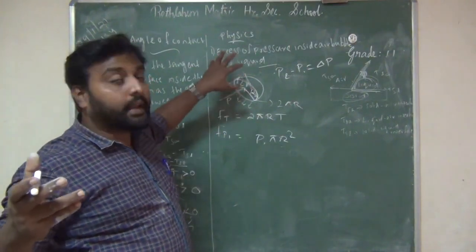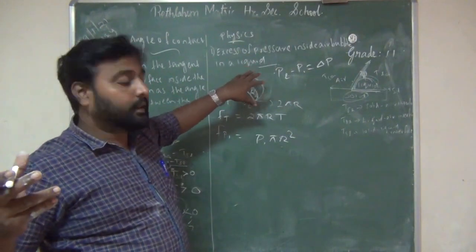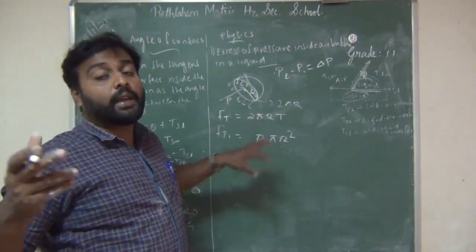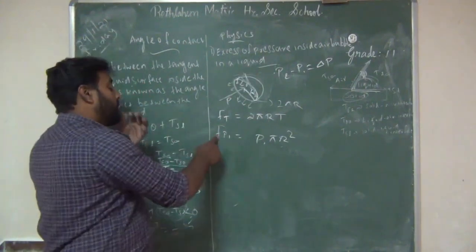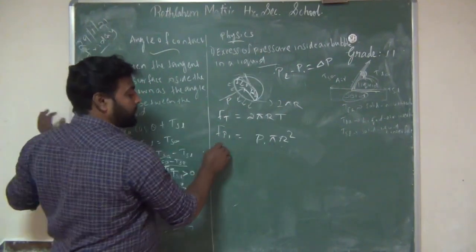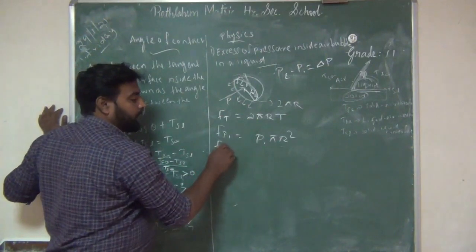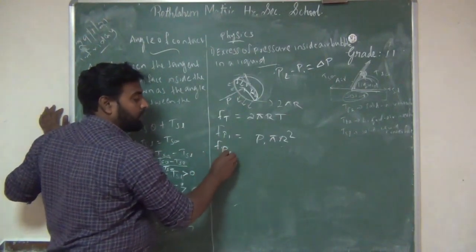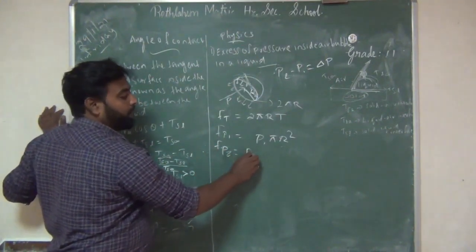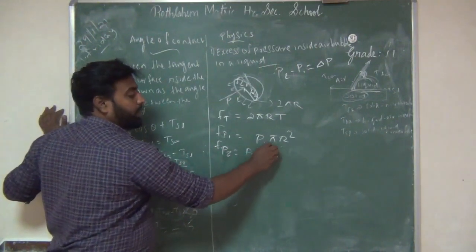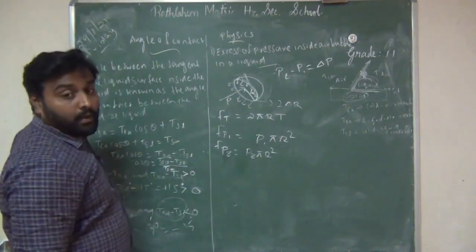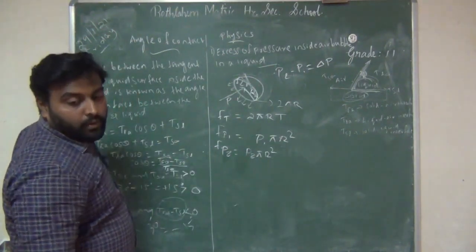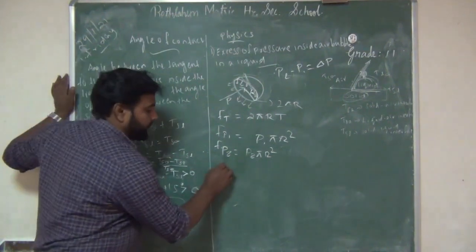So the force acting on this cross-sectional area is, Fp1 equals P1 into pi r square. So the force Fp2 equals P2 into pi r square. Now you need to find this excess pressure.